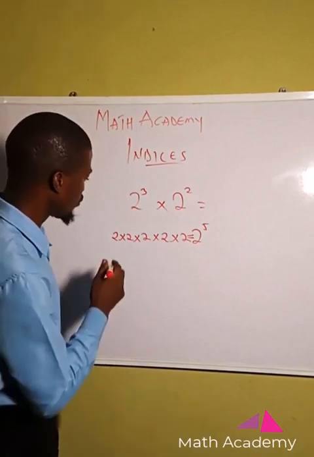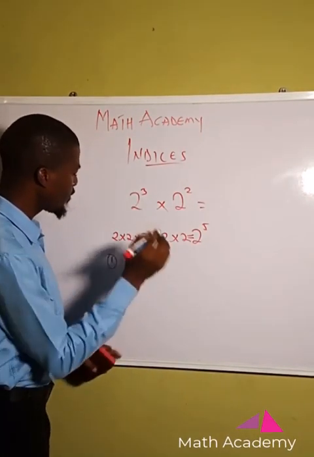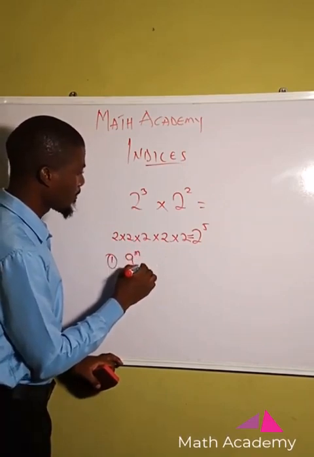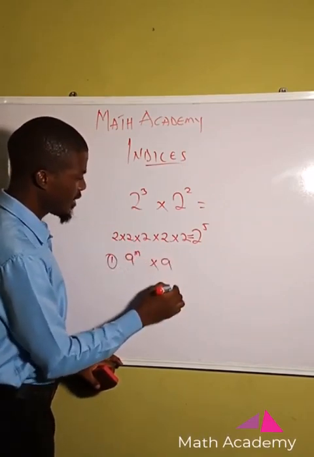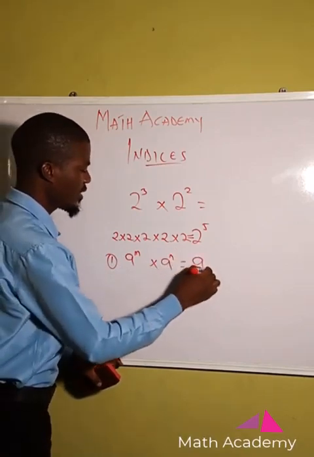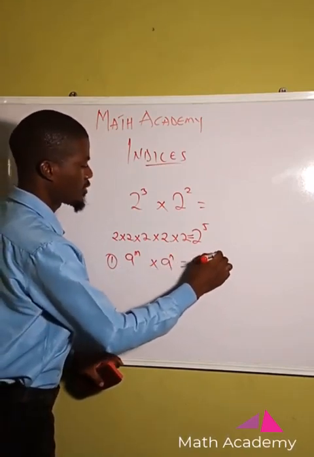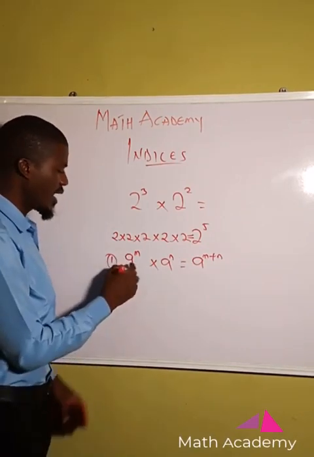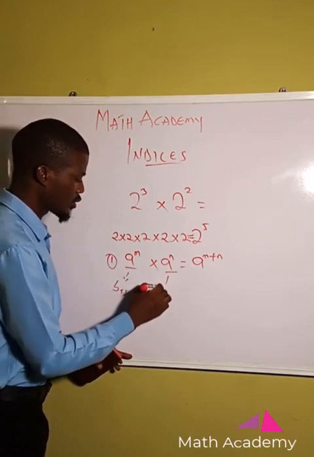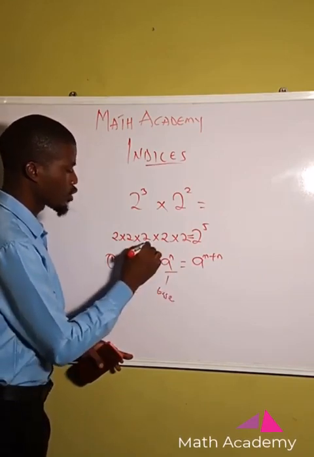For example, the first rule says that if you have a raised to power m, times the same a raised to power n, what you have is a raised to power m plus n. What do we mean here? These a are called the base, and this is also called the base, while this is called the index.